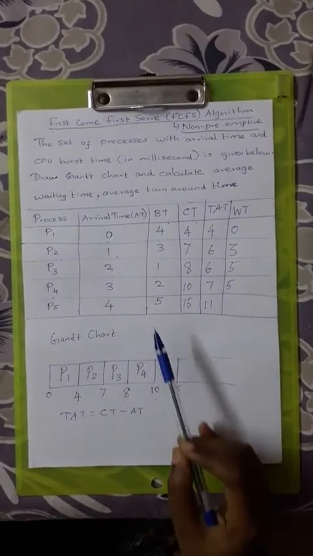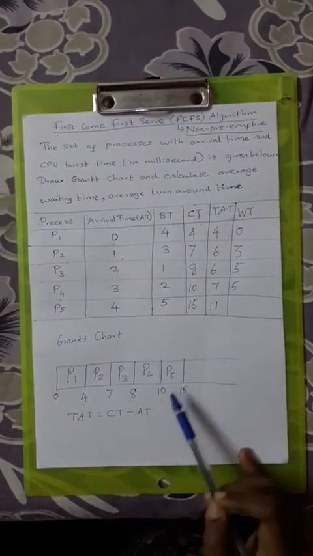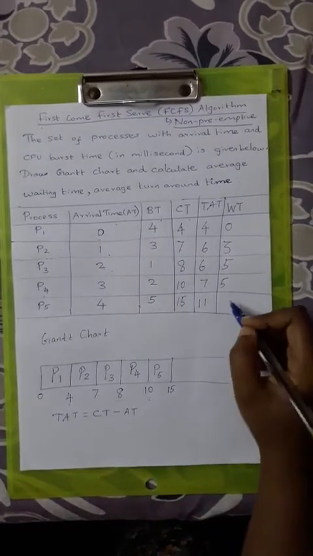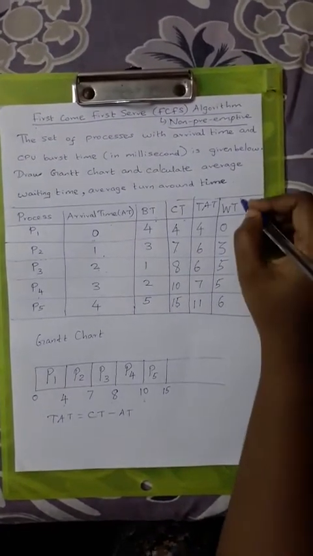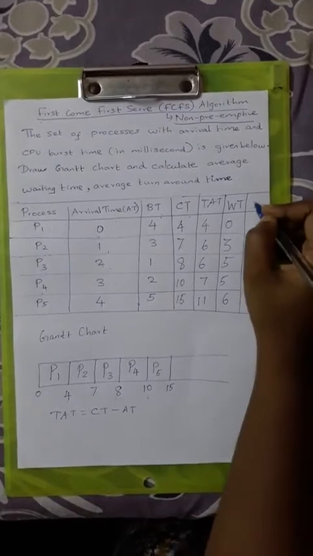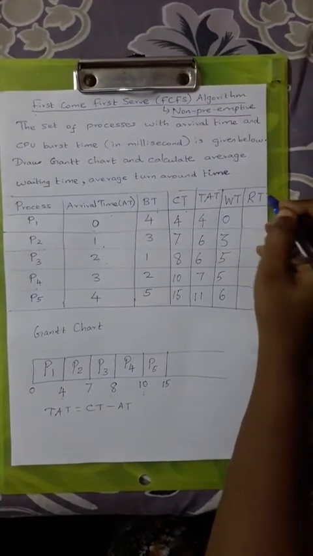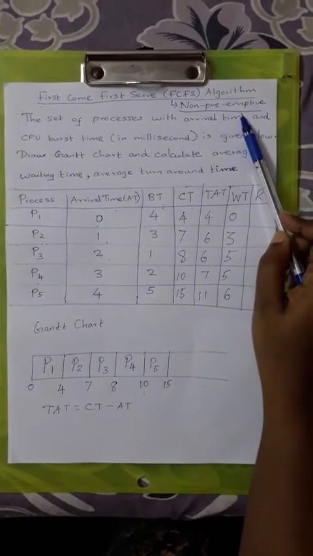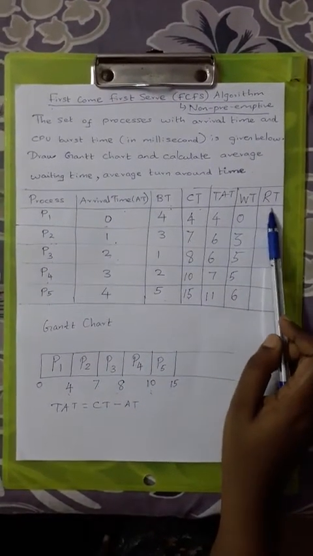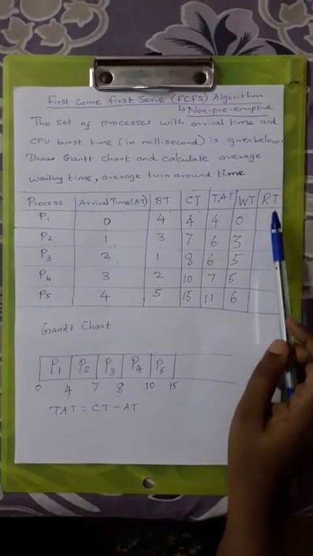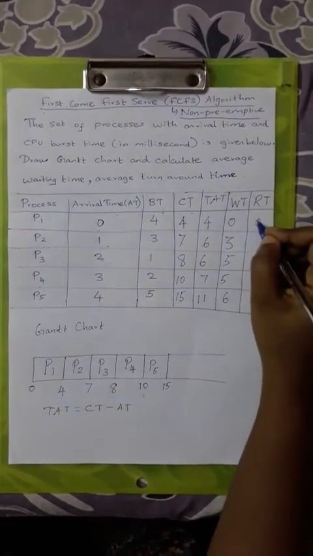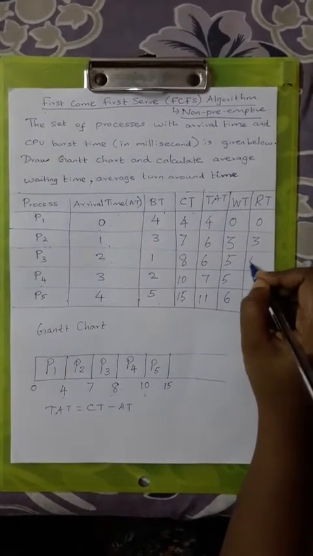So it has waited from 4th millisecond to 10th millisecond. That is 10 minus 4 is 6. Next, we can calculate one more thing, that is response time. So in case of non-preemptive scheduling algorithm, waiting time and response time are same. So we can simply copy the response time as the waiting time.